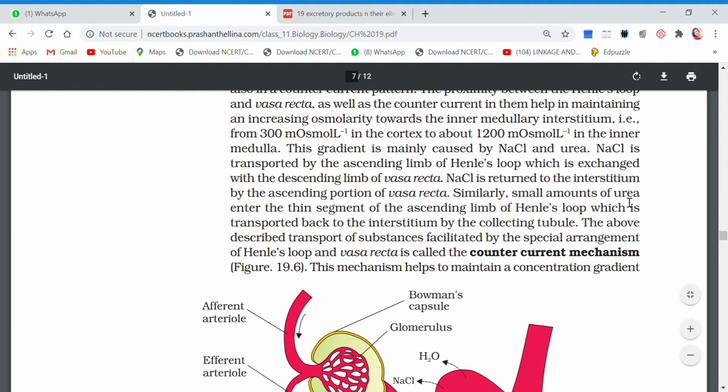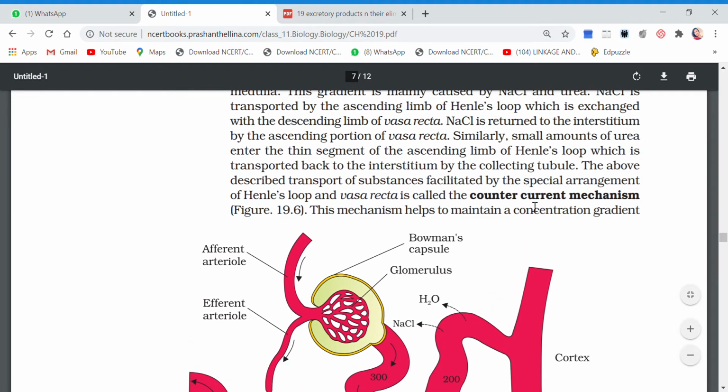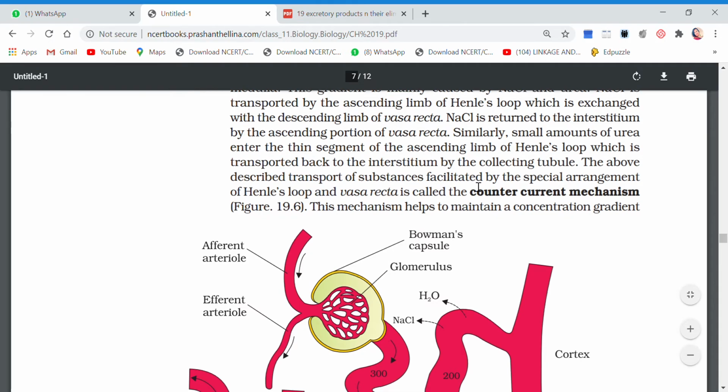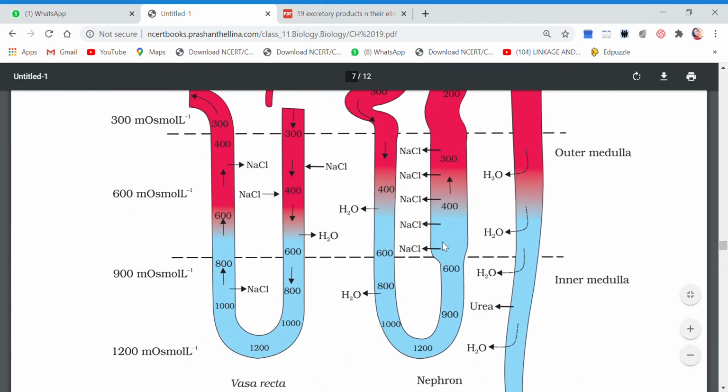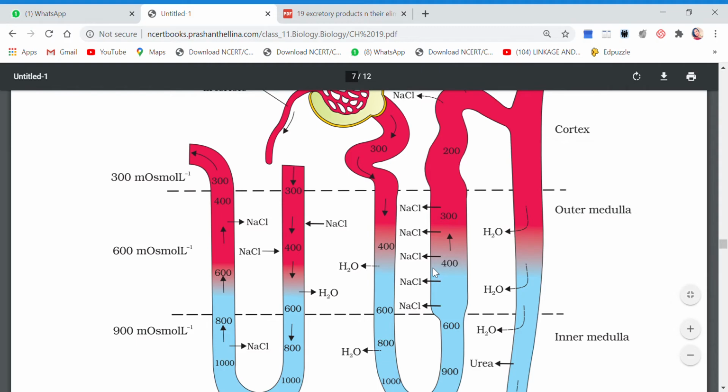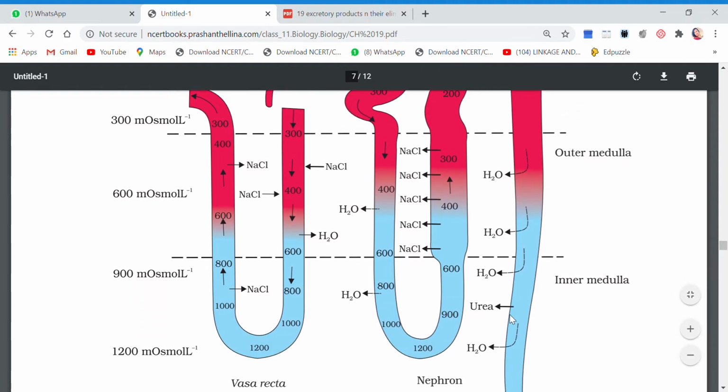Now similarly, small amounts of urea enter the thin segments of the ascending limb of Henle's loop, which is transported back to the interstitium by the collecting duct. See, a little amount of urea is entering the Henle's loop, this is where it is entering, you see.